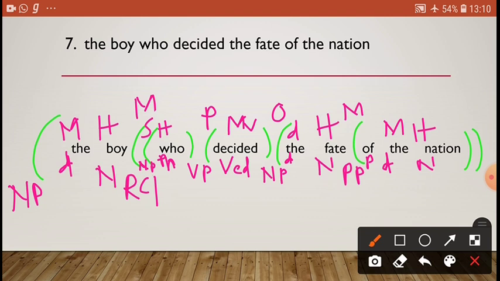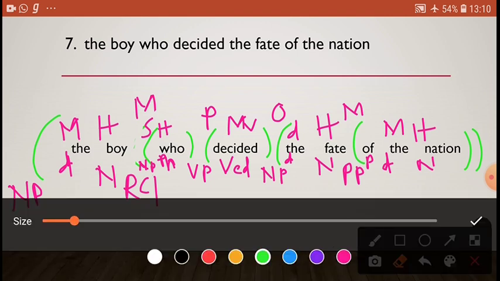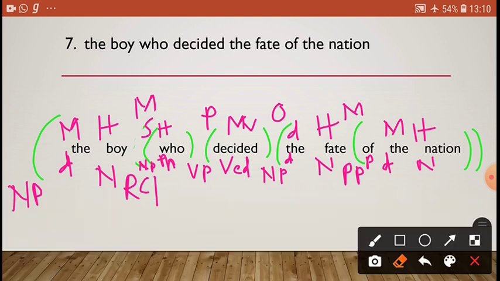Actually we should give the square bracket to the relative clause, so we will erase this one and give a square bracket here. For a clause we give a square bracket, not a round bracket.